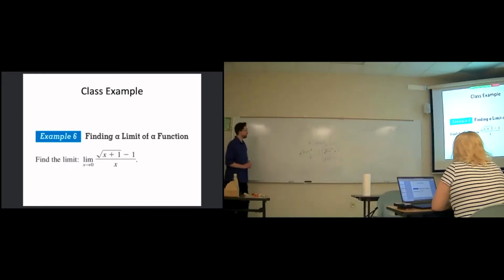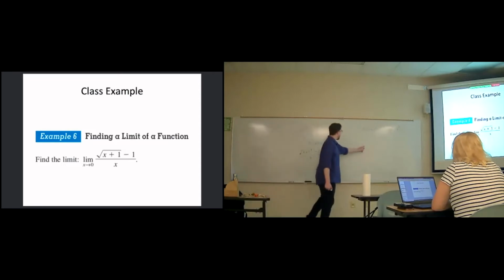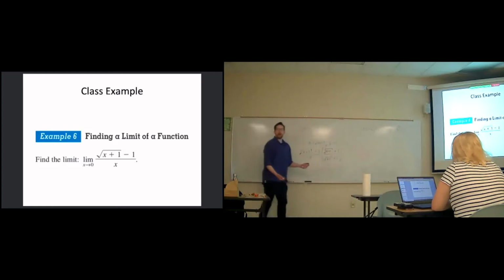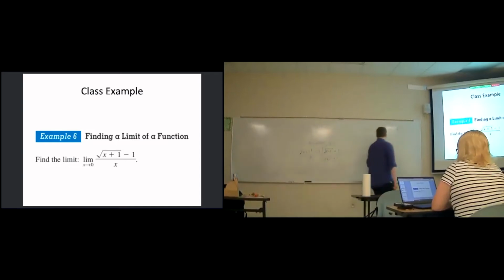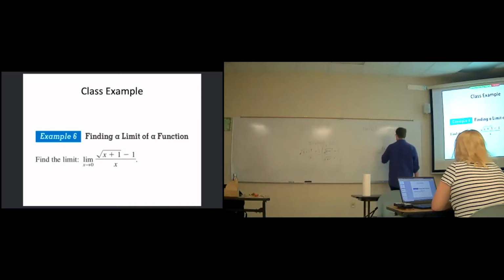Right? Well, hey, this square and this square root are going to cancel each other out, aren't they? So what we're going to have then is the quantity x plus 1 minus 1 divided by x times the quantity square root of x plus 1 plus 1.